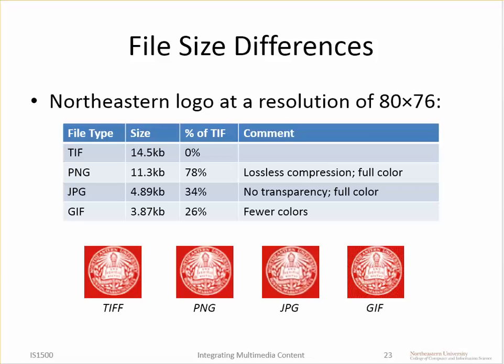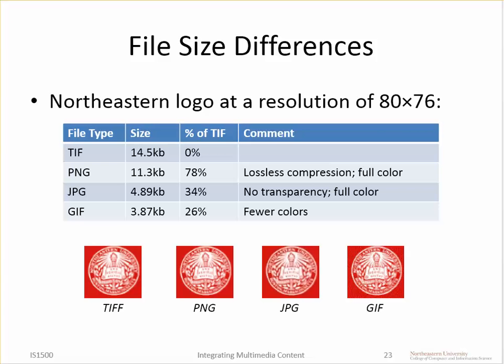Here's just an example. Let's say you would take TIFF as the baseline. And I actually did this. I grabbed the Northeastern logo at a resolution of 80 by 76 pixels. So it's basically 80 pixels per scan line and 76 scan lines. So let's say the original TIFF was 14.5 kilobytes. Then I grabbed the PNG.